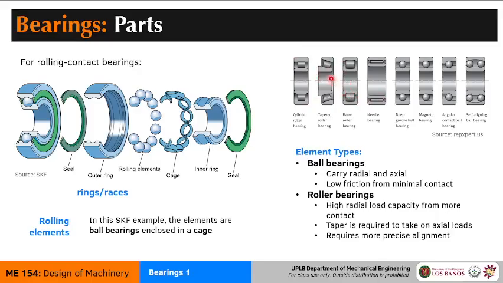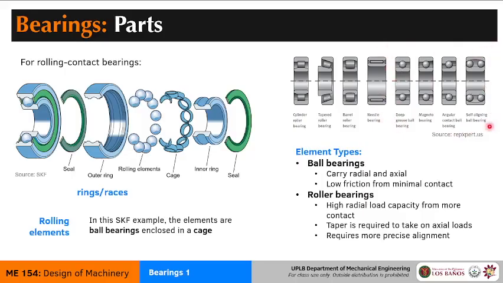Another thing to notice is that roller bearings are at least harder to assemble. They require more precise alignment compared to ball bearings. And as such, usually you'd see ball bearings in the more consumer grade types of bearings.